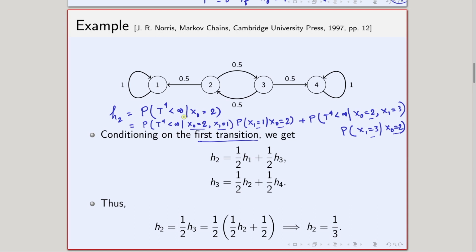If I look into this first probability, we have discussed that the Markov property tells us that if I know the state of the Markov chain at some point of time, then the Markov chain starts from there afresh. So, I can forget the previous part of the Markov chain; I can think that the Markov chain is at that particular state.